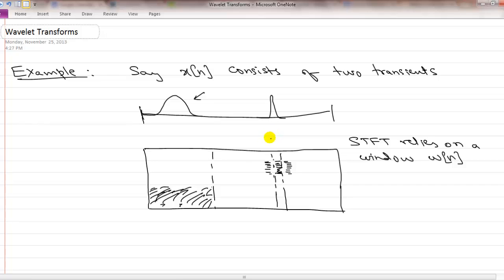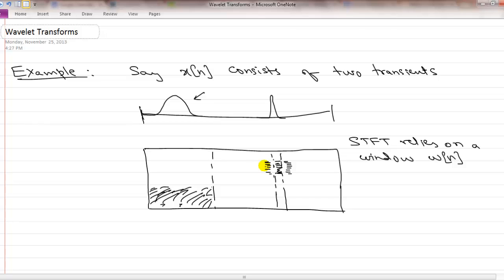Okay. Now let's say that because you have this transient, you really want to be able to distinguish where this high frequency component ends and where it begins. Because in most cases, if you think about signals, high frequency is where most of the action at some level is taking place. Right?